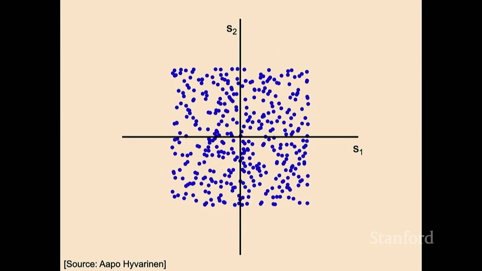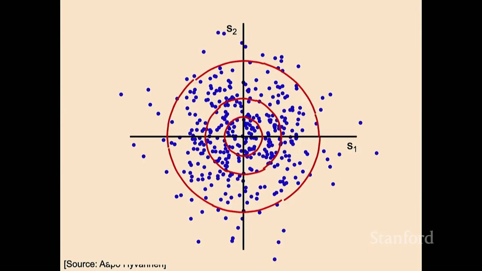Uniform between -1 and +1, this is not Gaussian, and that makes ICA possible. What if S1 and S2 came from Gaussian densities, right? If that were the case, then this distribution, S1 and S2, would be rotationally symmetric. And so there'd be a rotational ambiguity, right? Any axis could be S1 and S2.